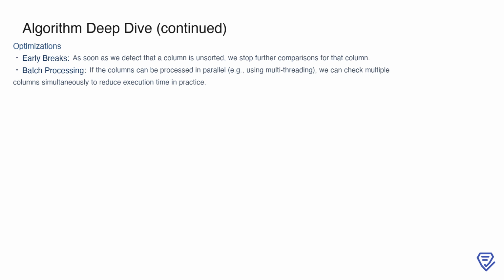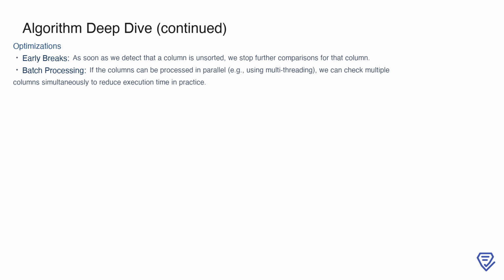To further optimize this algorithm, we can use two key strategies. First, we leverage early breaks. As soon as we detect that a column is unsorted, we stop comparing any further rows for that column. This avoids unnecessary computations and improves performance, especially for larger datasets. Second, we could implement batch processing if the environment supports parallelism.